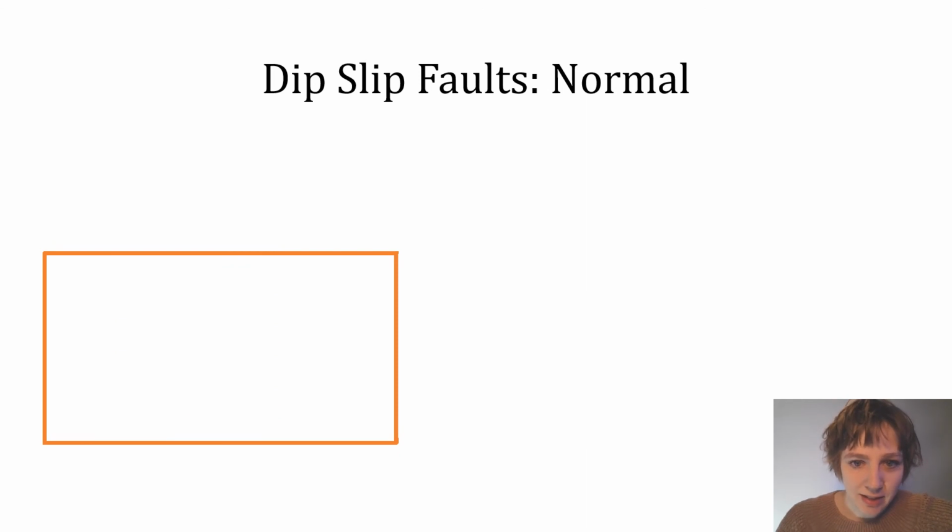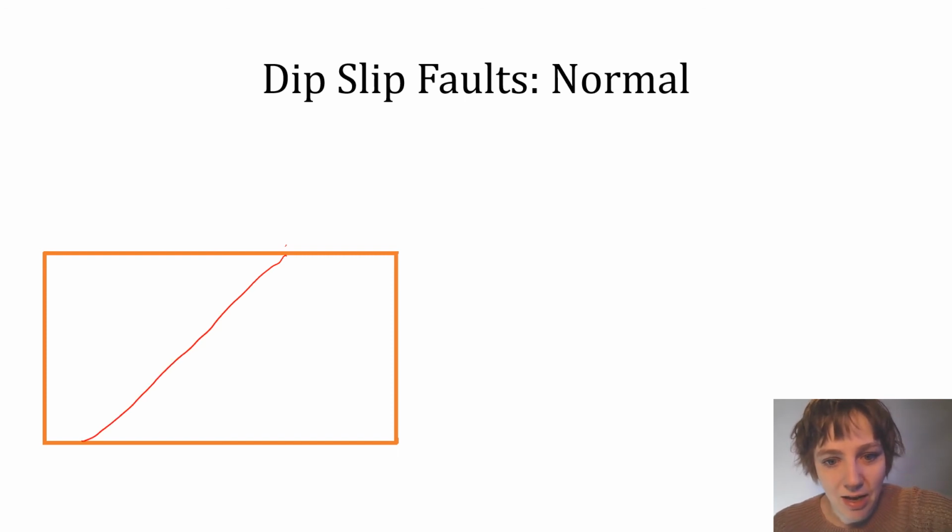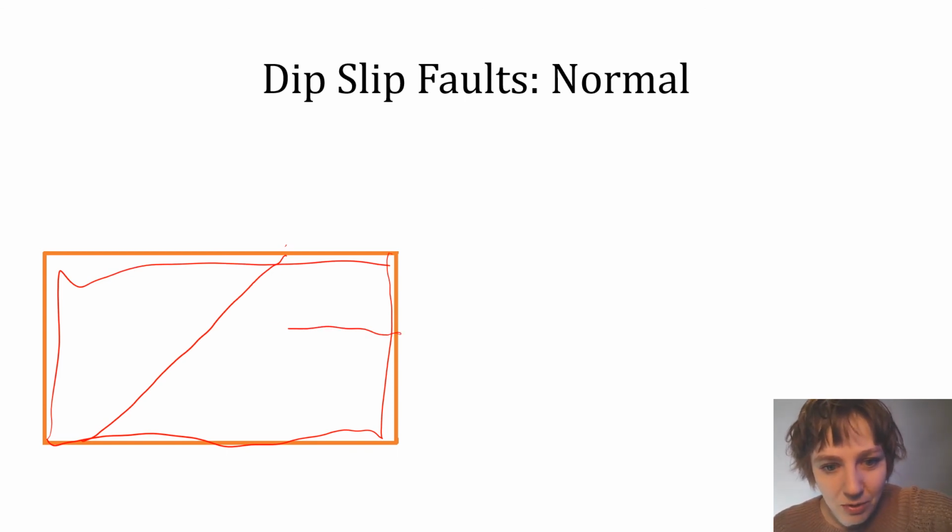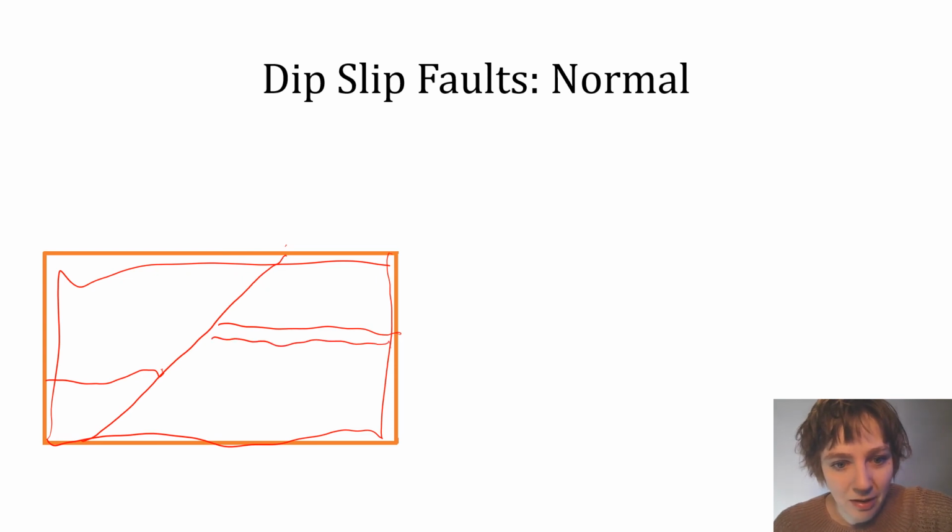So we can sketch that, and we normally are just going to draw in a fault. And since you don't have your box already drawn, I'm going to put it inside of a box. And then you would just draw some strata that have been offset, like so. And then you have to include your arrows, like so.